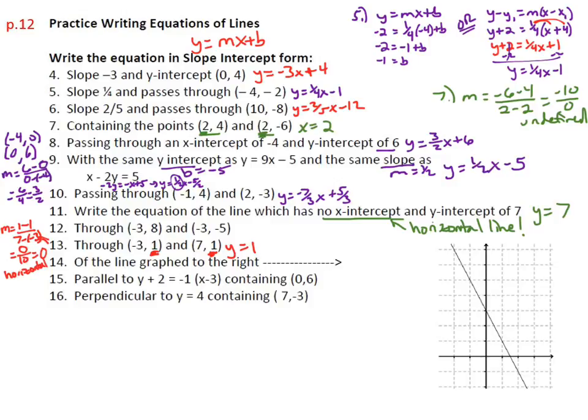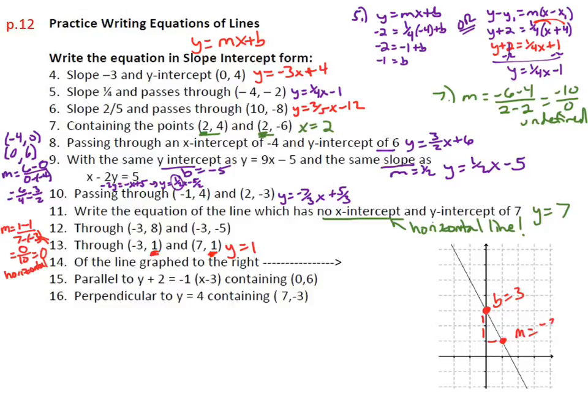So if we have a graph like we do on the right here, and this is for number 14, we can see that we have our y-intercept here at 3. So our b value will be 3. To find another point on the line, I can see I'm crossing right here, and I'm going to go down to the right one.